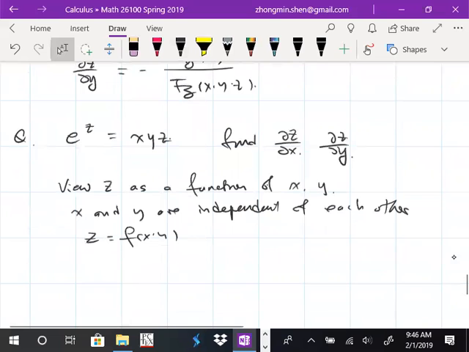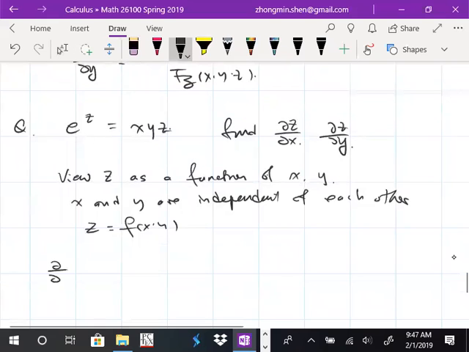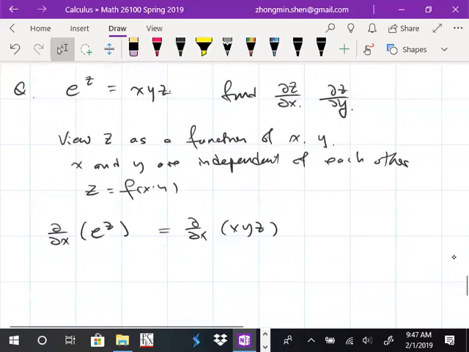So we want to find the partial derivative of z. How can I find the partial derivative with respect to x? It's the implicit differentiation method. So you differentiate both sides with respect to x.